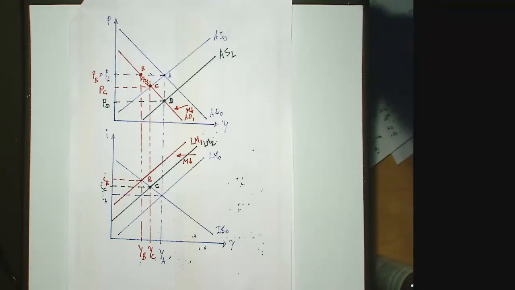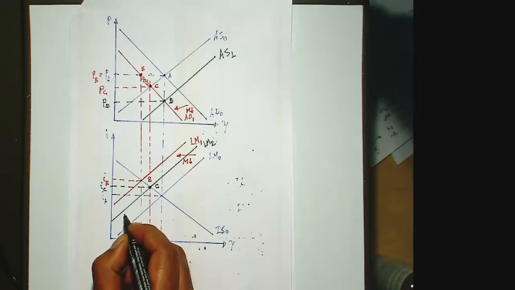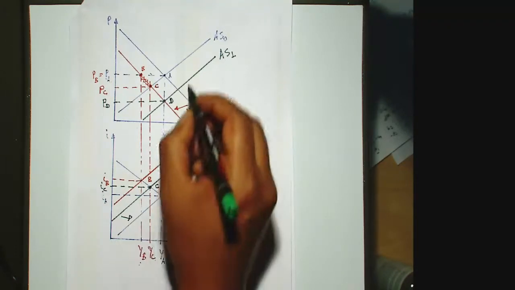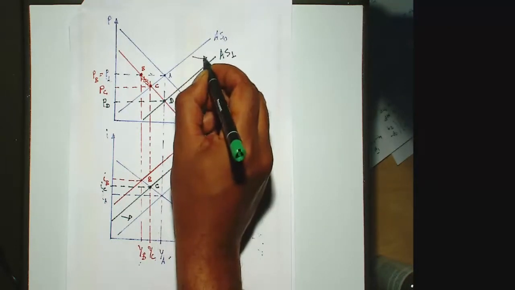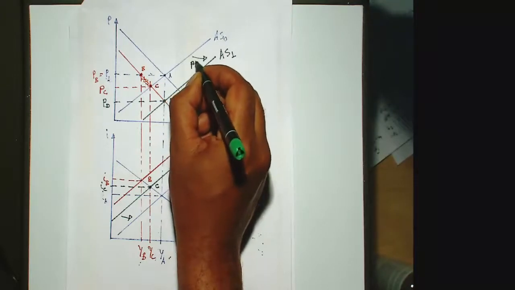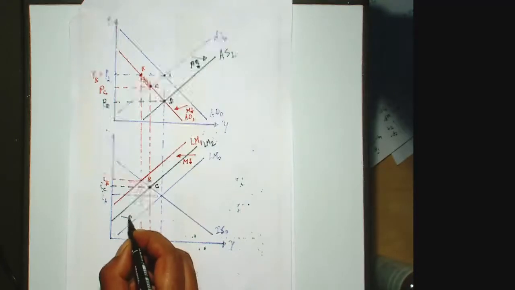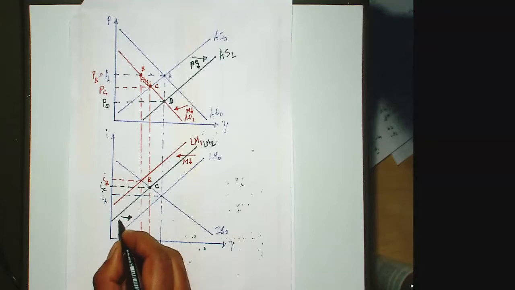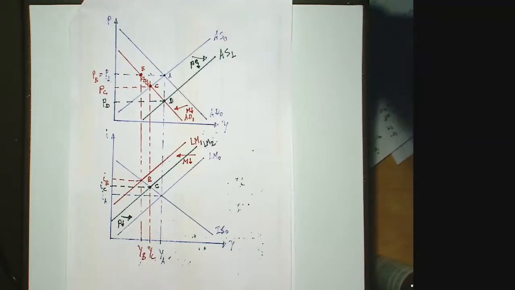Now we have more decrease in price from PA and PB to our new equilibrium point D, which is PD. So this is again to say our LM curve would shift more, and our AS curve shifted outwards because we had a lower price expectation, and our LM curve would shift to the right because our price actually decreased.